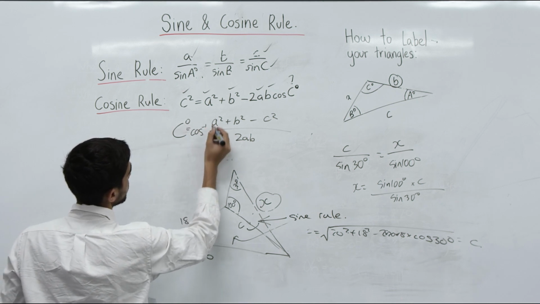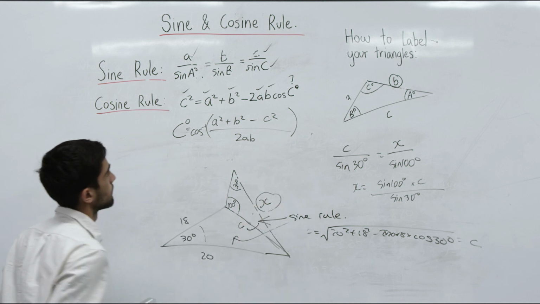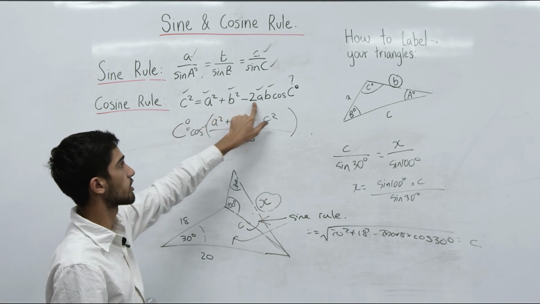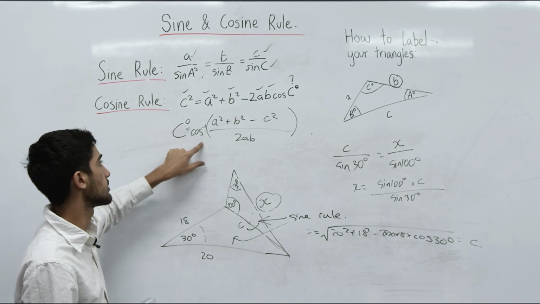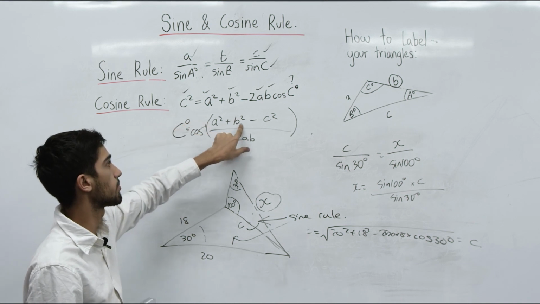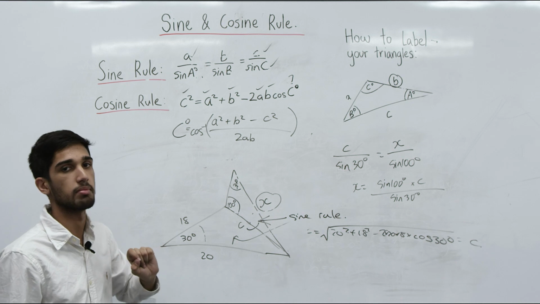So C squared equals A squared plus B squared minus 2AB cos C, and C, the angle, is equal to the inverse cos of A squared plus B squared minus C squared over 2AB.